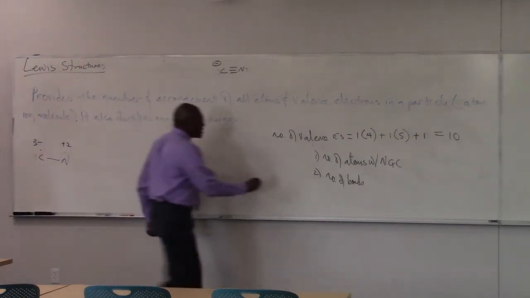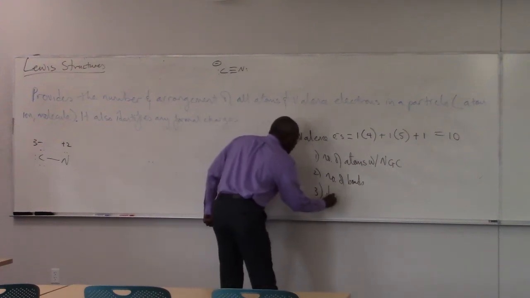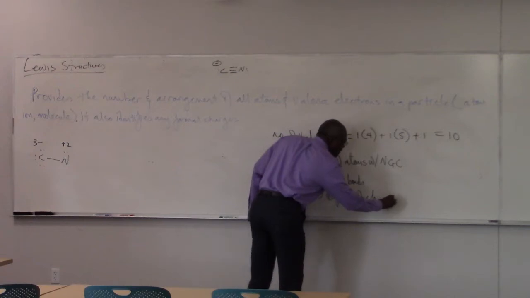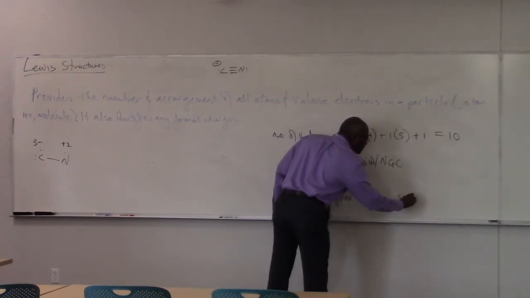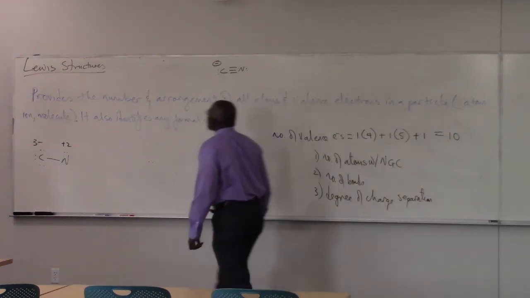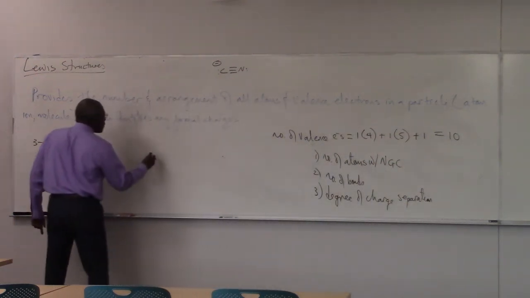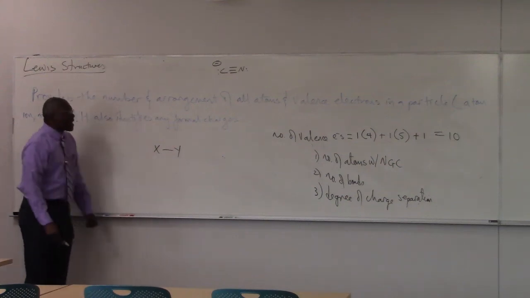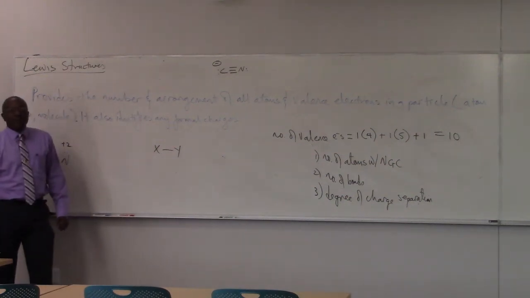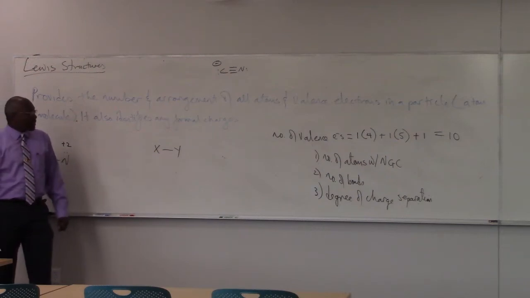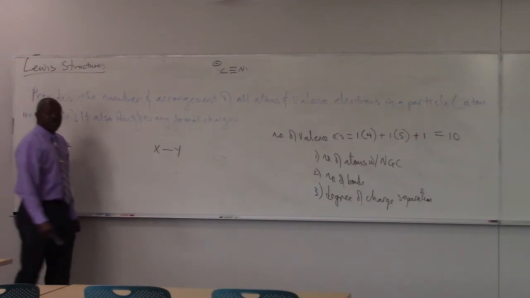And the third thing is the degree of charge separation. So what does that mean? If I have a particle, XY, and I tell you XY has a charge of, let's say, +1, well, that could happen in a couple of ways, right?